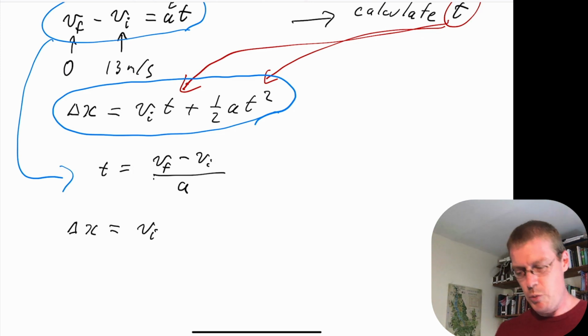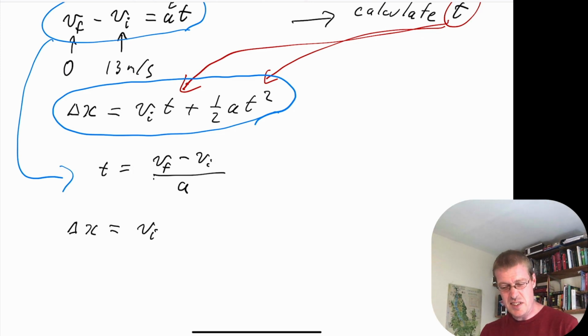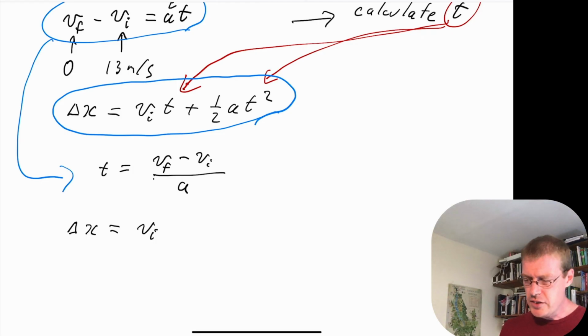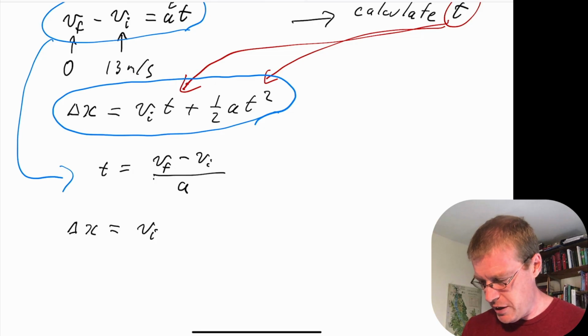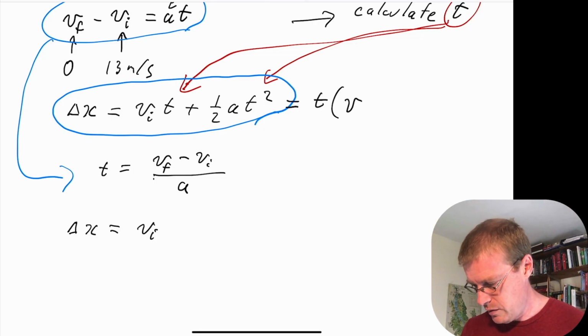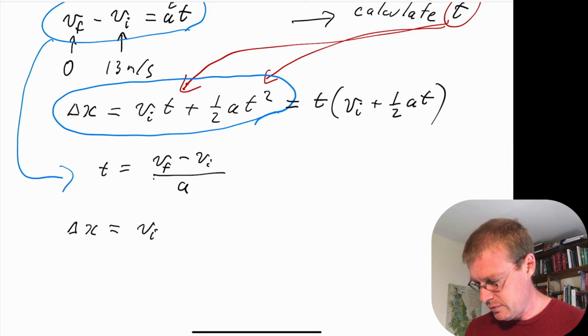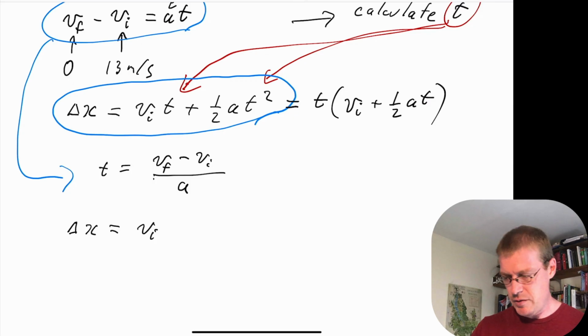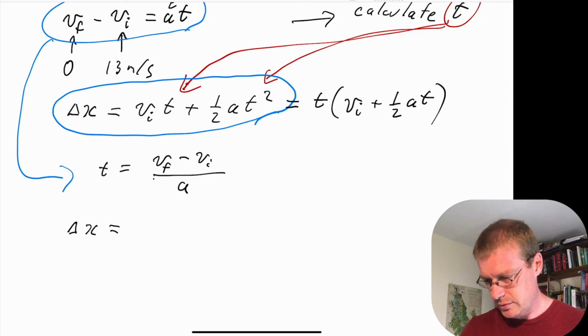Okay, actually, one more step before doing this. This is going to be a little bit of a pain. I can make it a little bit easier if I do some factoring. So I'm first going to factor a factor of time here and write this as time times Vi plus 1/2 At. Right, that's going to make my life easier. So let me do it now.